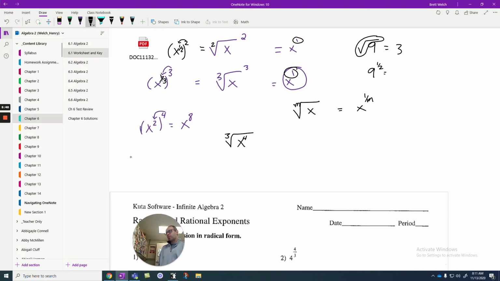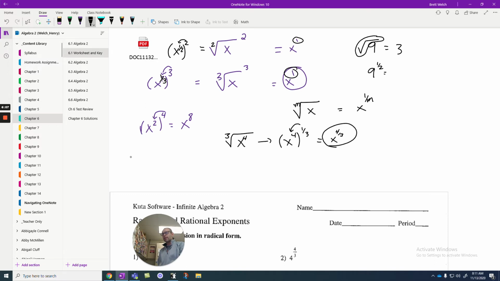Well, maybe we could write this as x to the 4th raised to the 1/3, right? I mean, a cube root is just an exponent of 1/3 put on top. Well, based on the rules we used in 5.1, we learned that this exponent can multiply down, producing x to the 4/3.